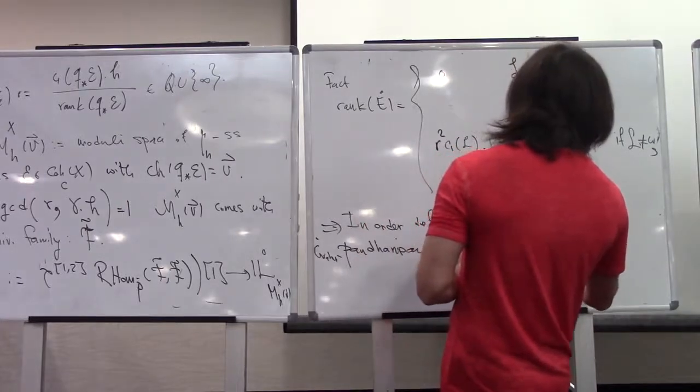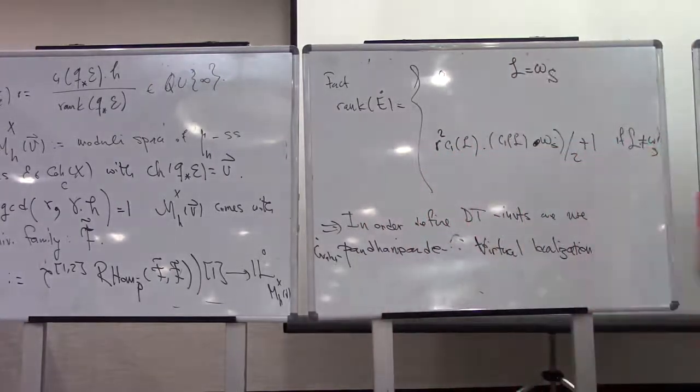So our invariants are all given as certain residue integrals that we define with respect to the action of the C star.